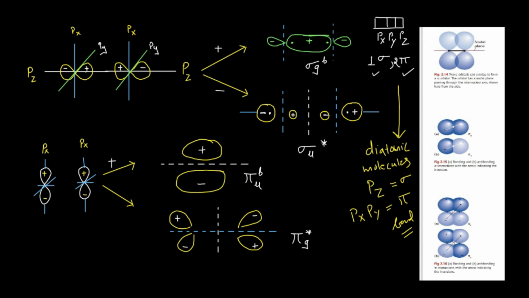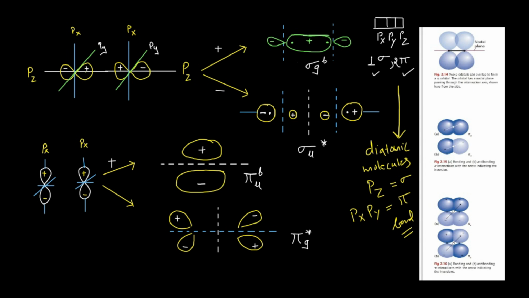Please remember, for linear molecules, the z-axis is taken as the molecular axis, right? And that's why the pz orbital will form your sigma bond, and px and py will form your pi bond. But in principle, any one can form sigma, any one can form pi.